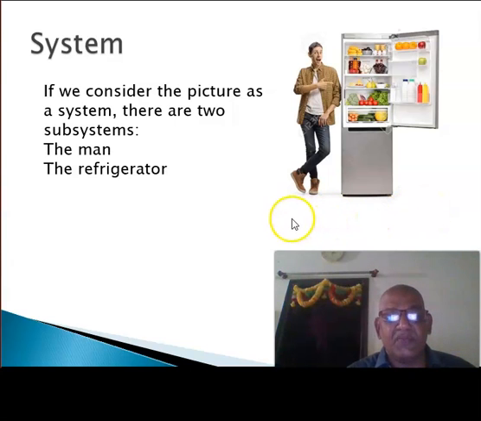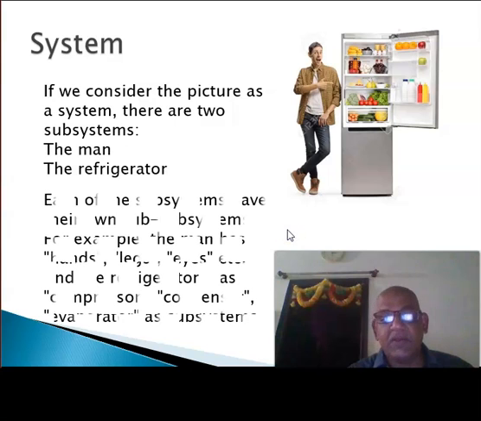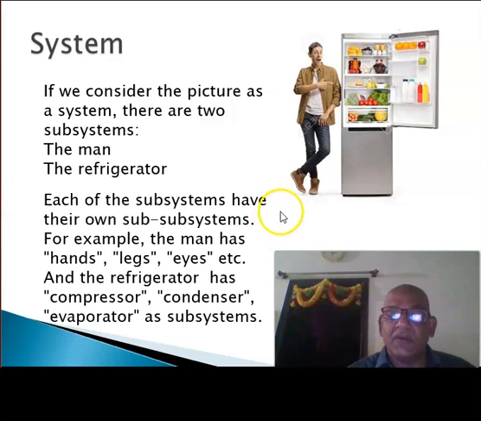This compound system is made out of two subsystems, a human subsystem and a refrigerator subsystem. We may see that each of these subsystems comprises further subsystems. For example, this human being has a legs subsystem, hands subsystem, and so on.